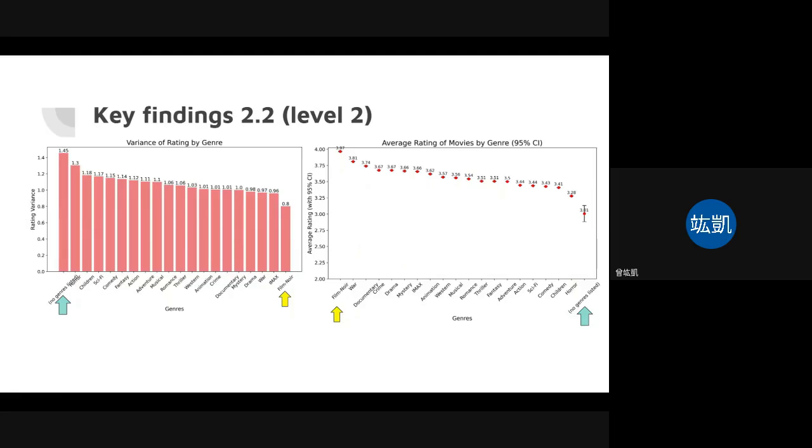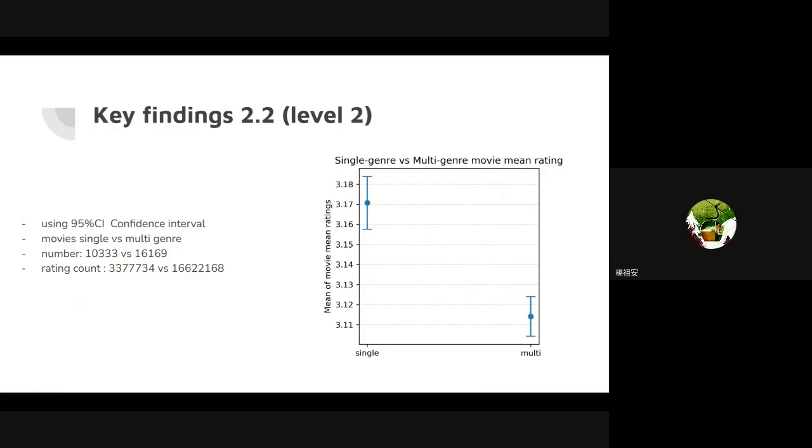Okay. Yeah. Next page. And here we have to find a single genre versus multi-genre movie. So using the same method, the confidence interval, we can calculate the confidence interval and turn it into this graph.